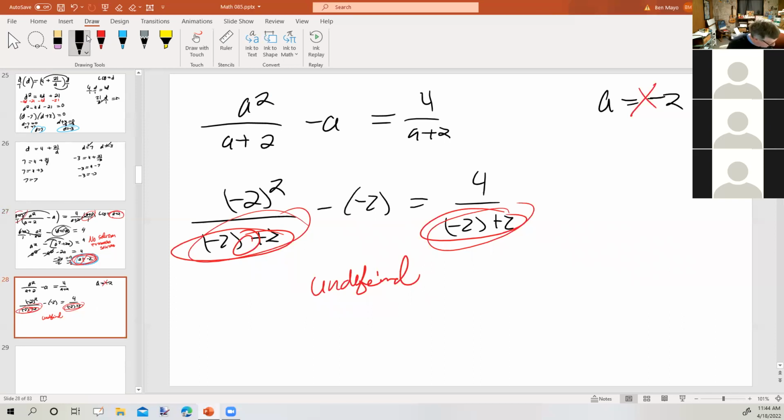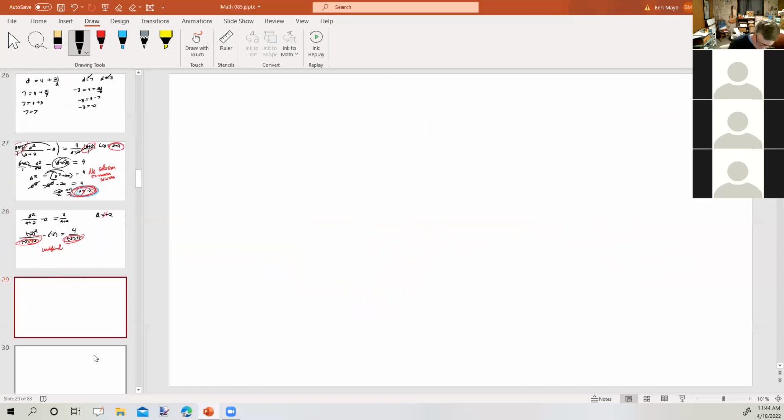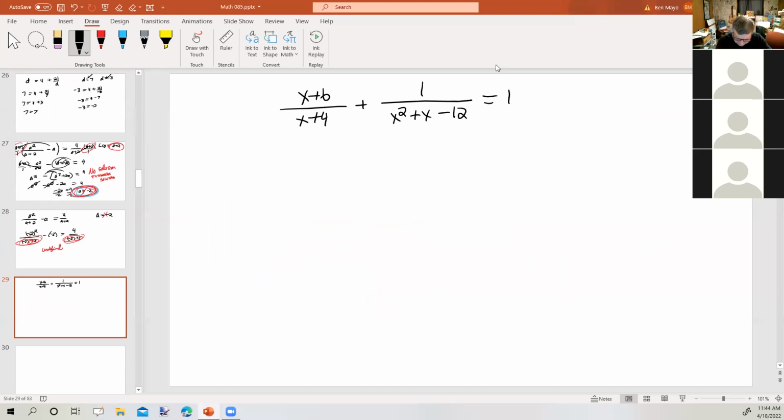Okay, let's take a look at this problem. x plus 6 over x plus 4 plus 1 over x squared plus x minus 12 equals 1. All right.